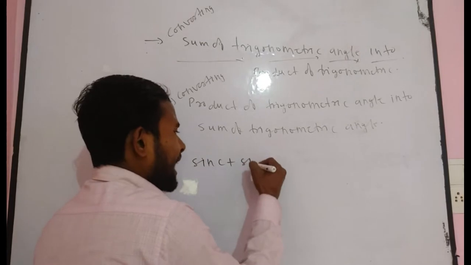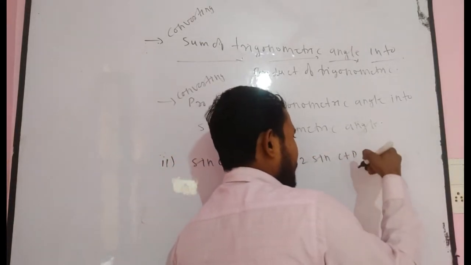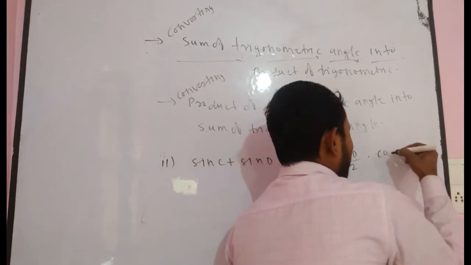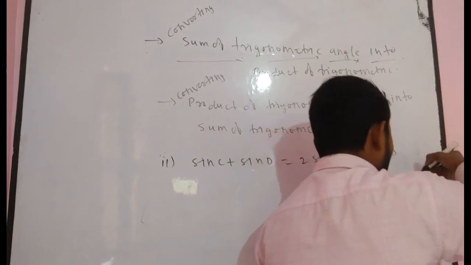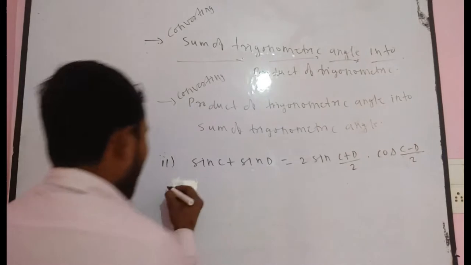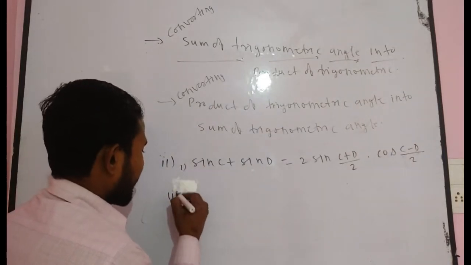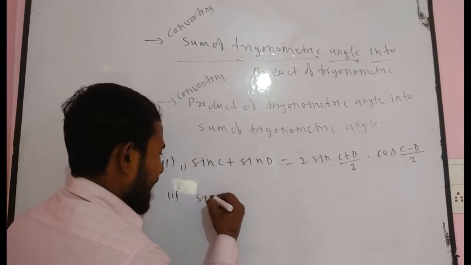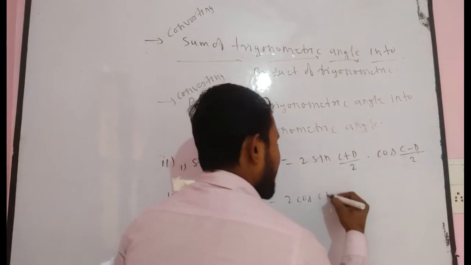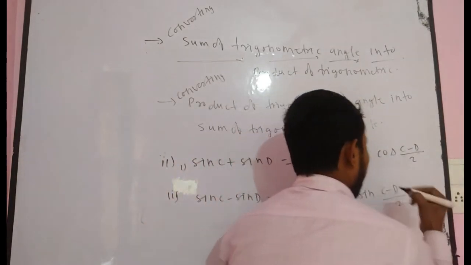Sin C plus sin D is equal to 2 sin((C+D)/2) into cos((C-D)/2). Another formula: sin C minus sin D will be 2 cos((C+D)/2) into sin((C-D)/2).